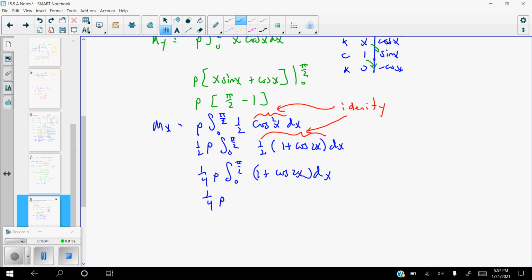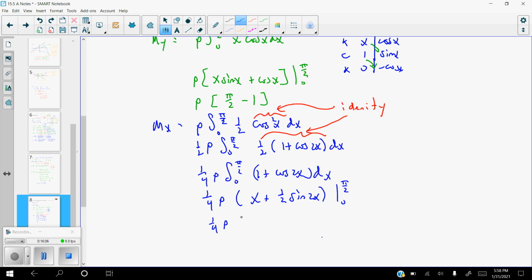Now we can take an antiderivative. So 1/4 rho x. So let's see, the antiderivative of cosine 2x is sine of 2x. Don't forget to multiply by the extra 1/2, which is the shortcut to doing the entire u substitution process, from 0 to pi halves. Let's plug that in. We get 1/4 rho.